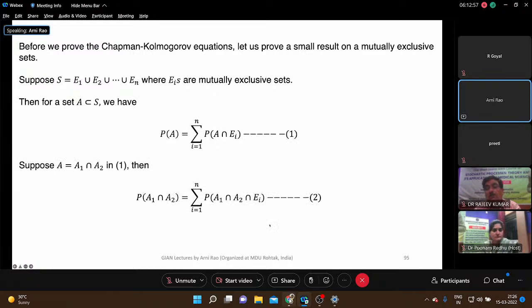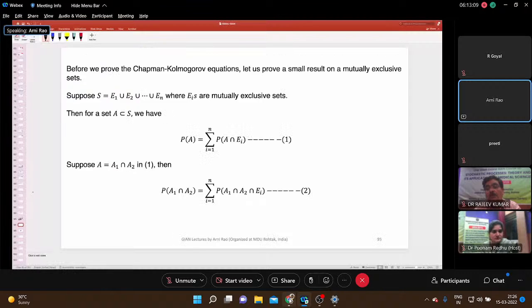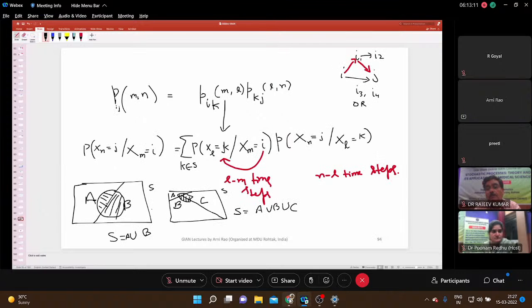That means probability of A1 intersection A2 is the sum of probability of A1 intersection A2 intersection EI. So probability of the circle, if you want to compute, that means probability of A intersection this piece, only this piece. Again B intersection the circle.